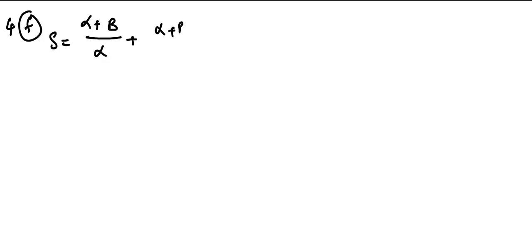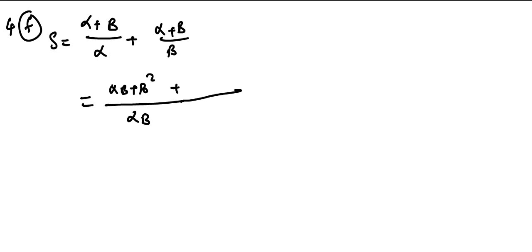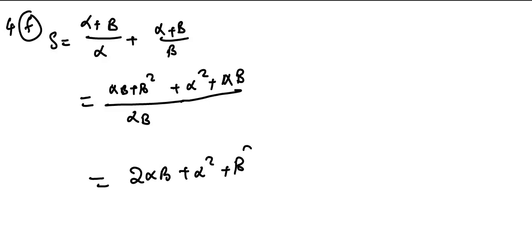So the sum, this is going to give us alpha beta plus beta squared, and you're going to get alpha squared plus alpha beta. So this will be 2 alpha beta plus alpha squared plus beta squared.